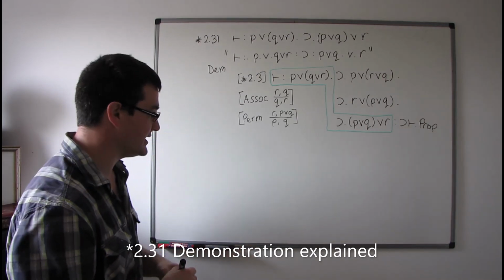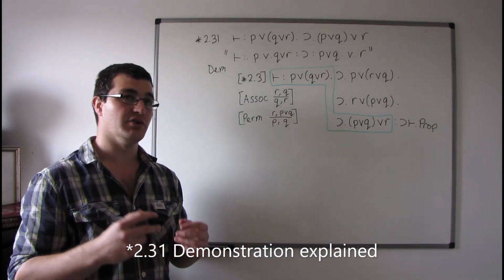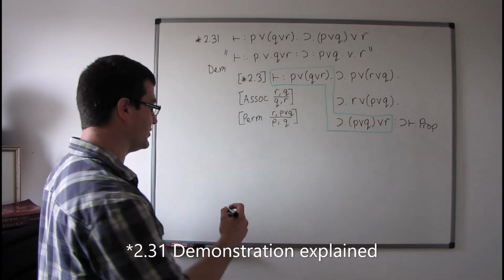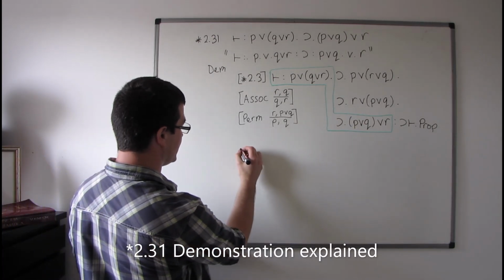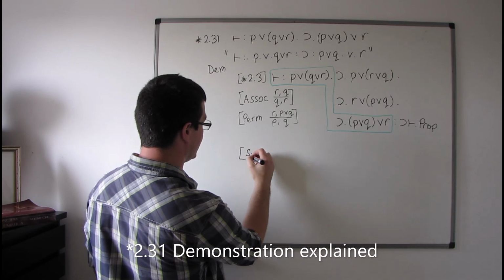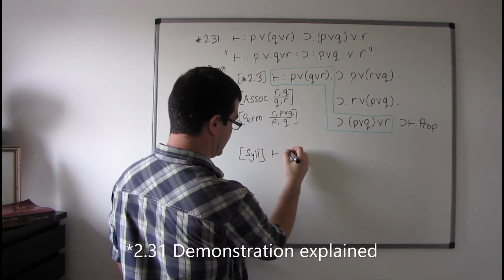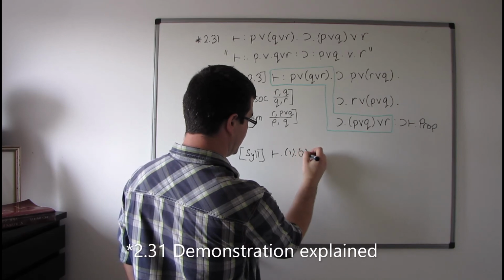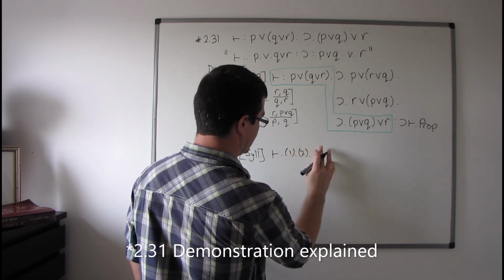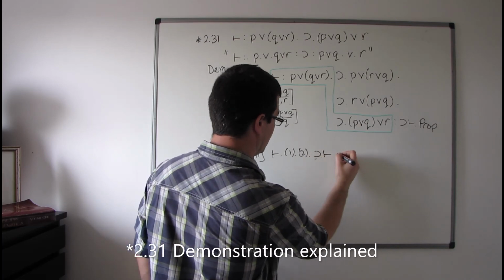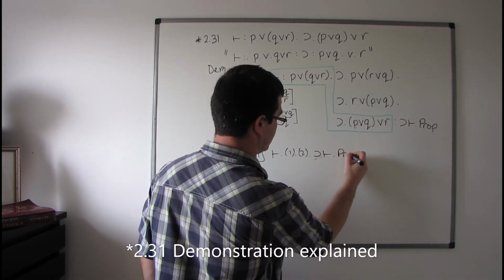So we don't really need to distinguish quite so strictly. So what we're going to see is, if I take the last line of the demonstration of 2.16 as an example here, we saw something like this. So we had Syll, and then 1, 2, implication symbol, prop.